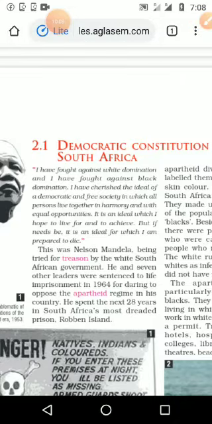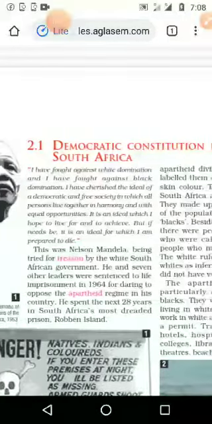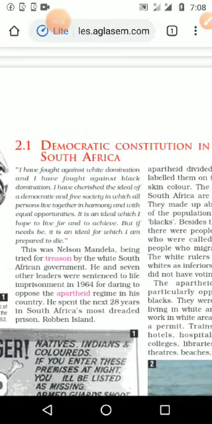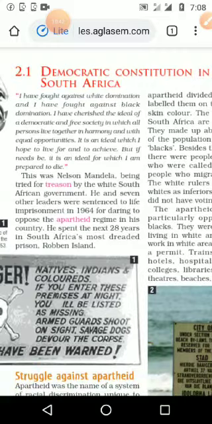Nelson Mandela's idea was a democratic and free society in which all people, whether Africans, Indians, Mongoloids, white people or any people, should live harmoniously in society with equal opportunity. Each and every group should get equal opportunity.